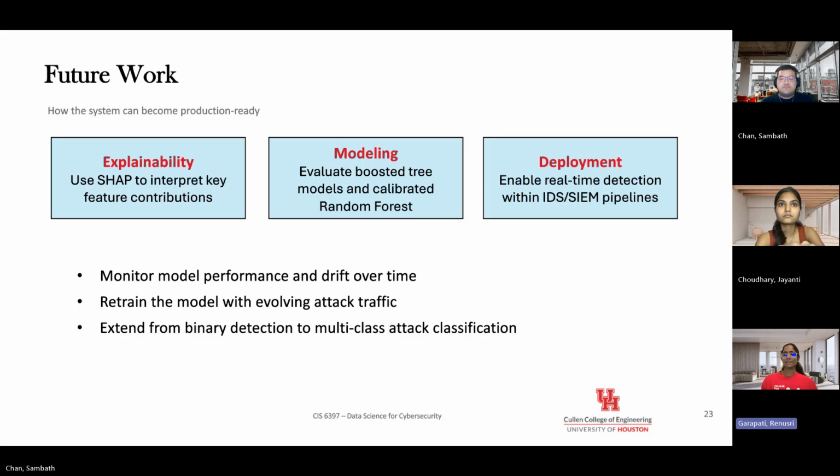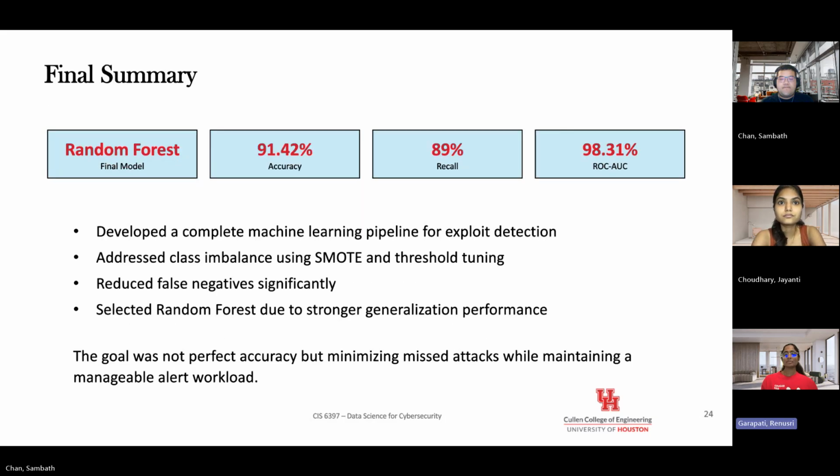With that, let me summarize what we achieved. Go to the next slide, please. We developed a complete machine learning pipeline, as we discussed, for exploit detection using real network data, and by applying SMOTE and threshold tuning we significantly reduced the missed attacks. Random forest was selected as the final model due to its strong generalization and ability to detect complex patterns.